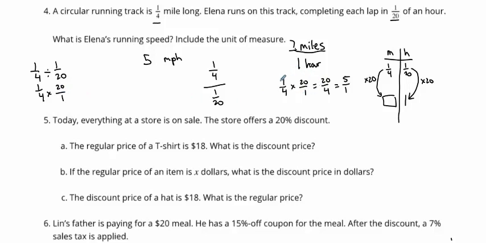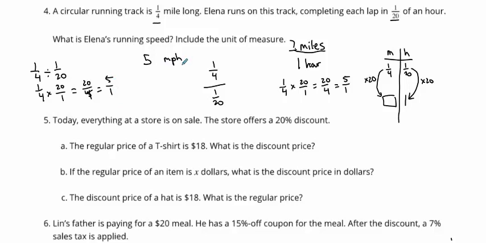And that is exactly what we have over here. We can see we get the same answer of, oops, that's a 4, 5 over 1. So 5 miles per hour.